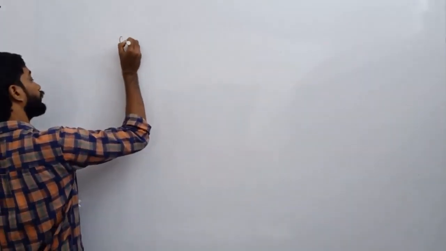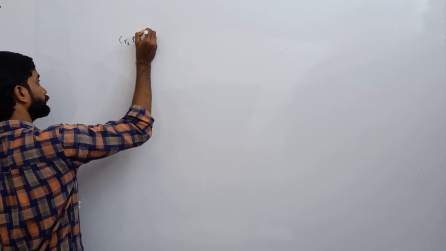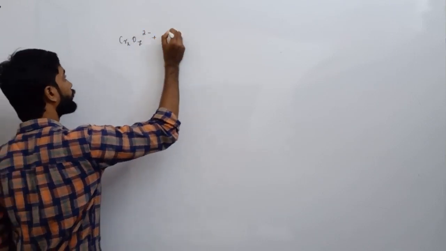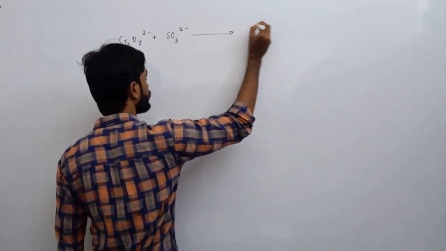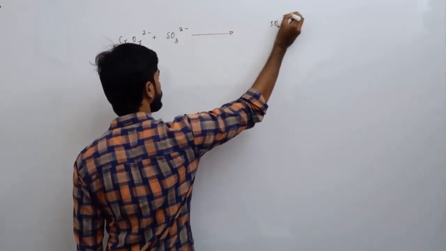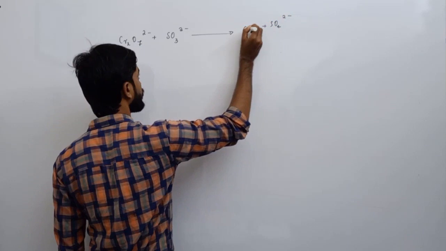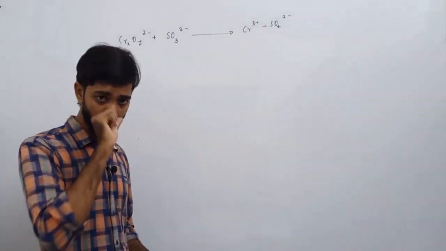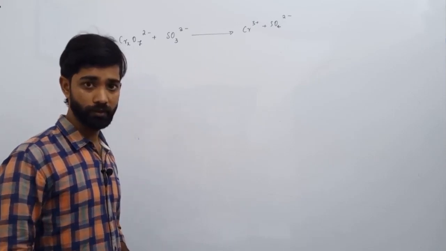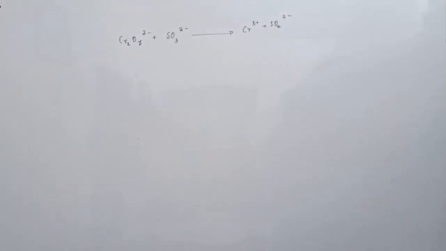If dichromate oxidizes sulfite to sulfate, then the dichromate itself is reduced to Cr3 plus, right? Yes. What about the case here?